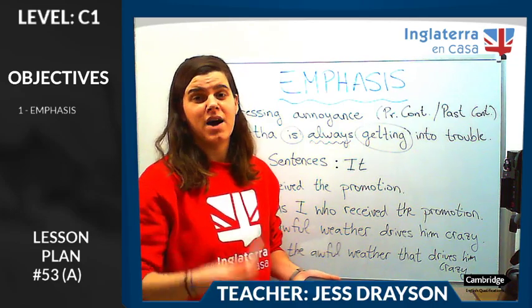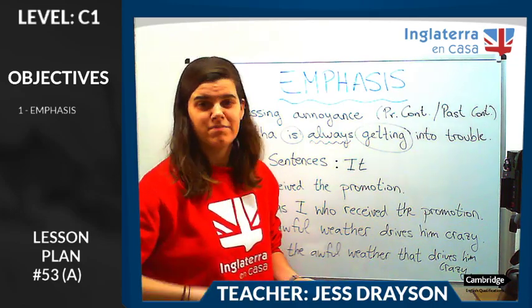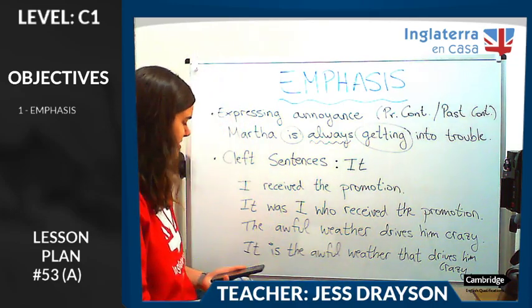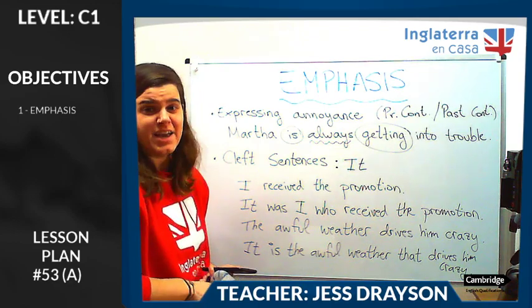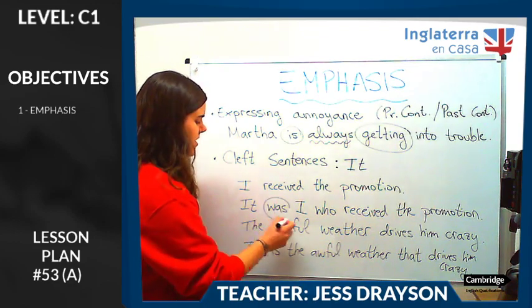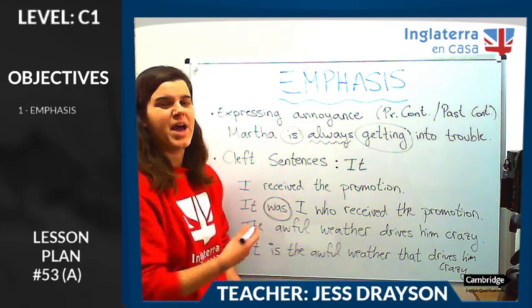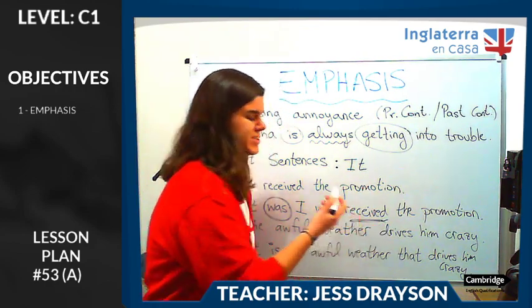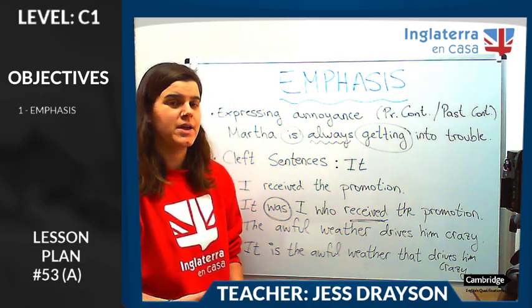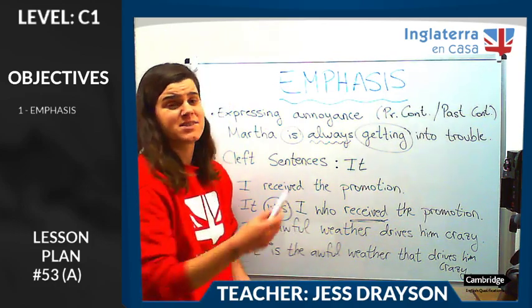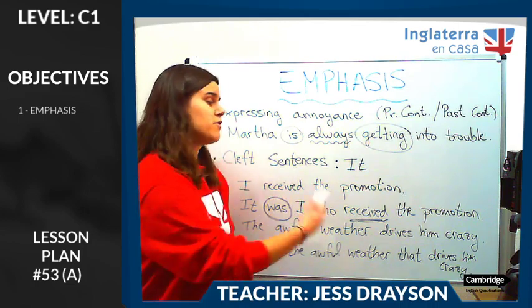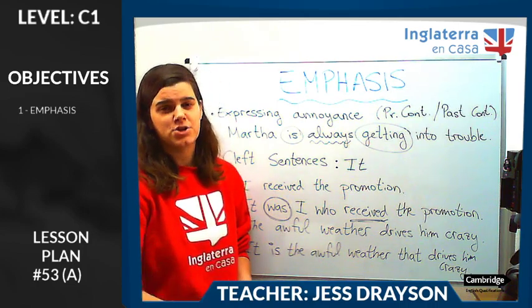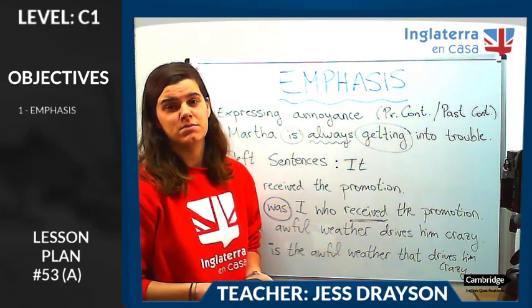Okay? So it was I who received. Both of them happened in the past. This was is not adding any meaning to your sentence. Okay? This is an empty word, essentially, because the important verb is the second one. Therefore, it has to coincide with the other verb in the same tense to make sure that it is complete. Okay?